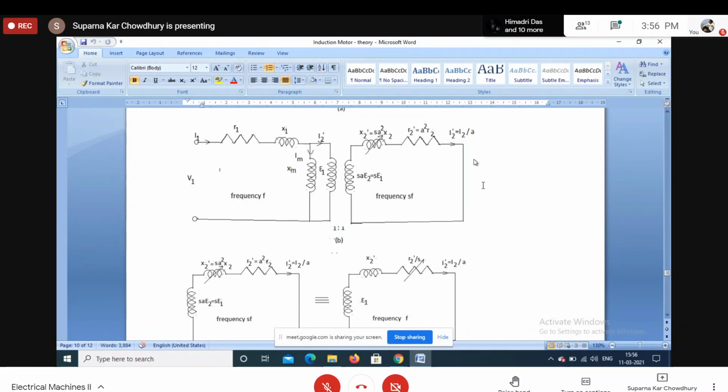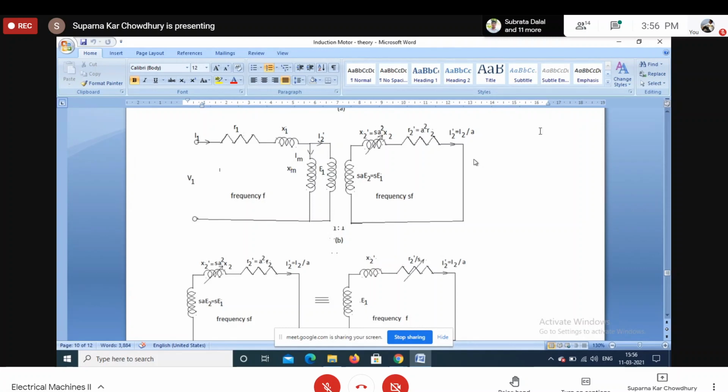The speed will be the speed of the rotating magnetic field with respect to the rotor conductor plus the speed of the rotor. So that will be again ns. So whatever the frequency of the rotor, all the quantities when reflected on the primary side will appear at supply frequency.